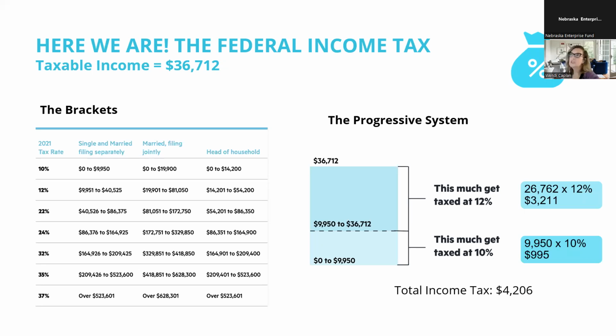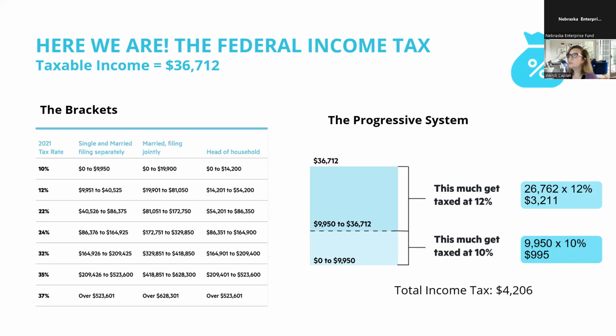So we all have particular ways that we file. And in America, it's a progressive system. So we are not paying the total tax percentage rate on the $36,712. It's broken down by each bracket, right? So numerically, the portion of the dollar.